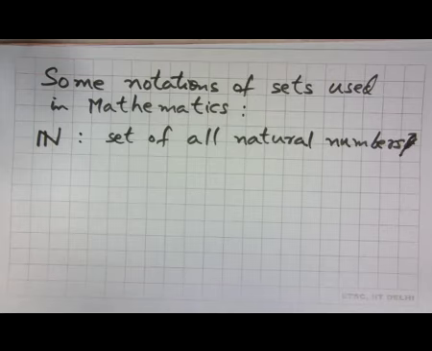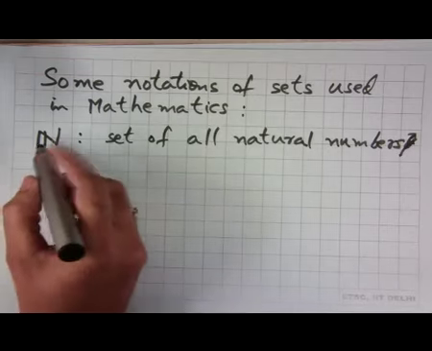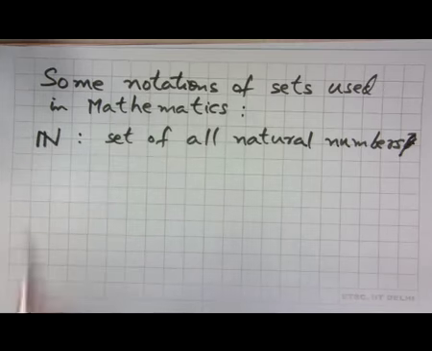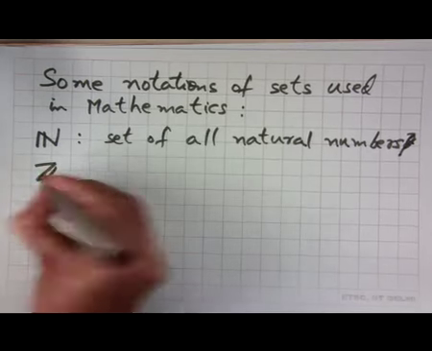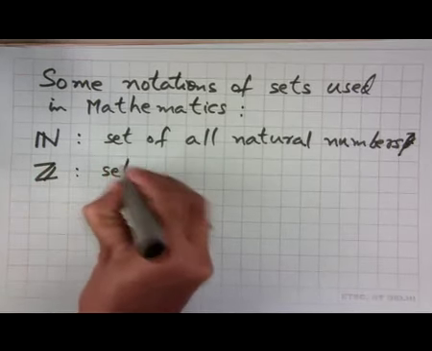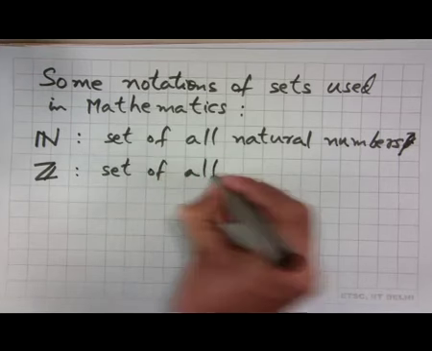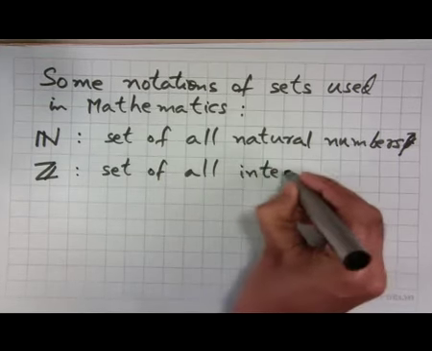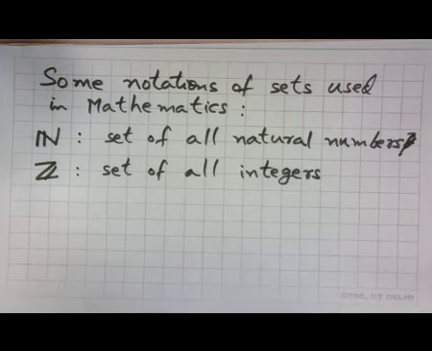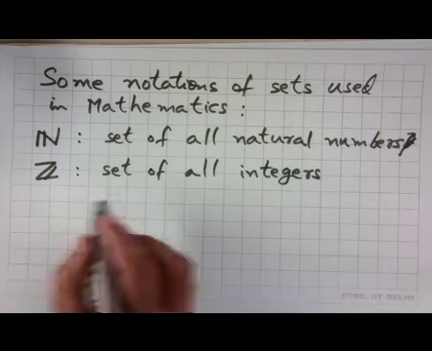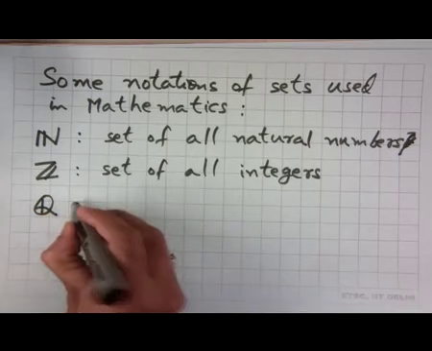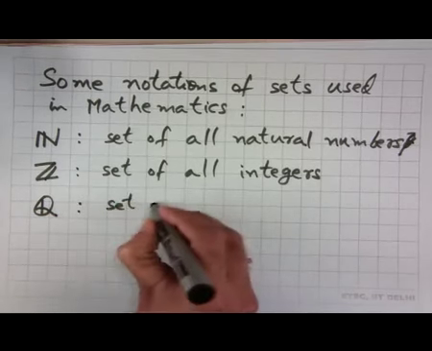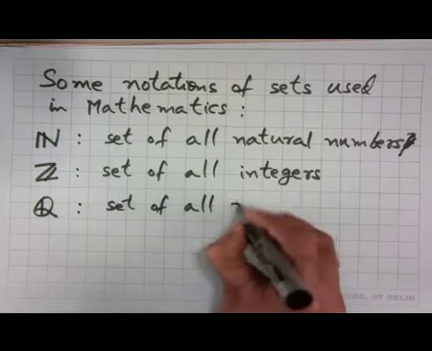So, the set of all natural numbers is represented by this capital N with one more vertical line here. Similarly, we represent by Z the set of all integers. So, this includes positive, negative and 0, all natural numbers. We will denote by Q the set of all rational numbers.